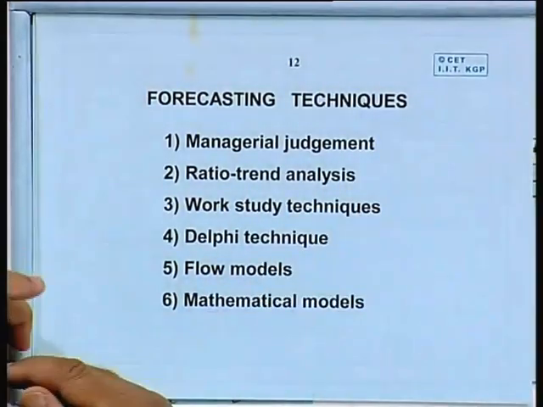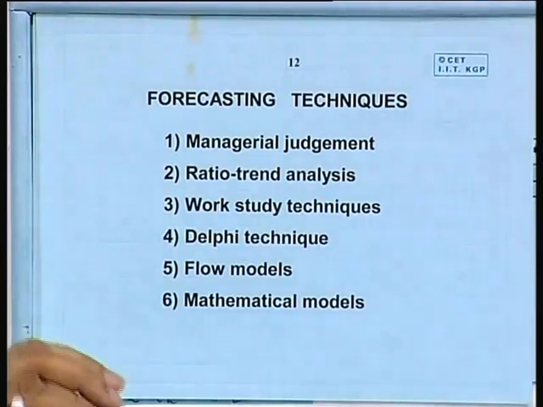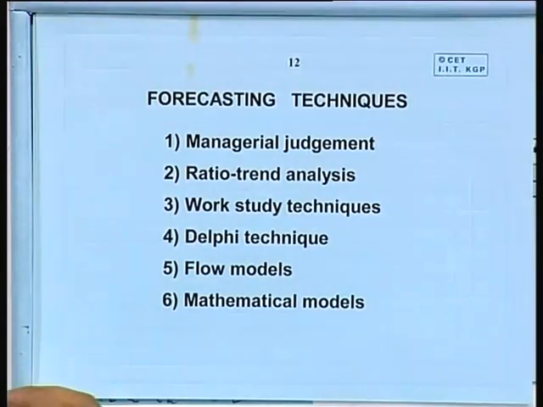Now, we come to what we call forecasting techniques, because as we said, planning is trying to estimate how many you will require. So, there are some types of techniques. One is managerial judgment, that is by experience you can know, from the past trend and the future businesses, the emerging trends. By experience and judgment you make a forecast.